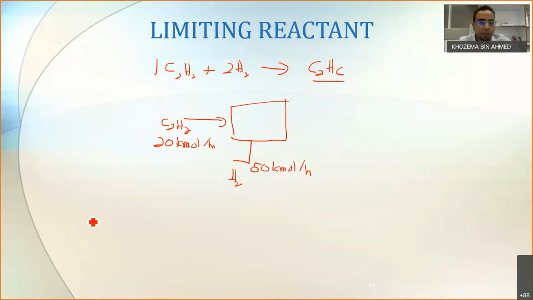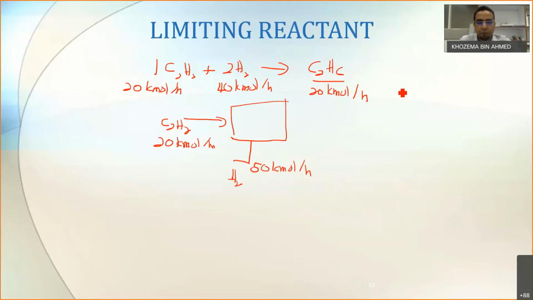Just by looking at the stoichiometric coefficients, if I have 20 kilomole of C2H2, I will need 40 kilomole of hydrogen to produce 20 kilomole of C2H6. This assumes a complete reaction, meaning whatever reactant I put in, I will get product.